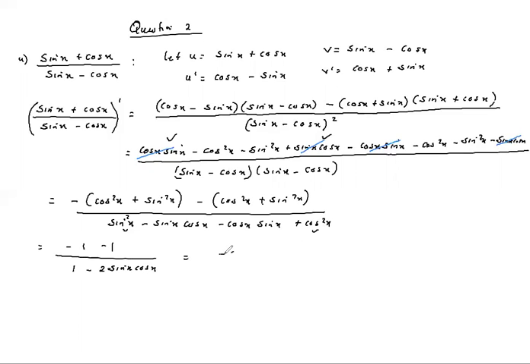So this becomes negative 2 over 1 minus 2 sine x cos x. This is the same as sine 2x. So that's what we have as our derivative, negative 2 over 1 minus sine 2x. Because we chose to simplify, that's why we have such a thing.